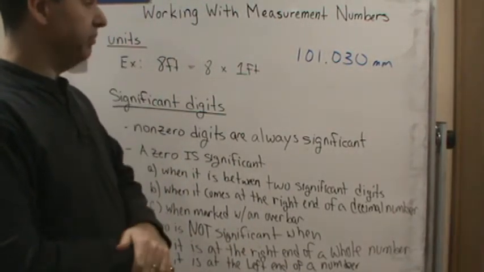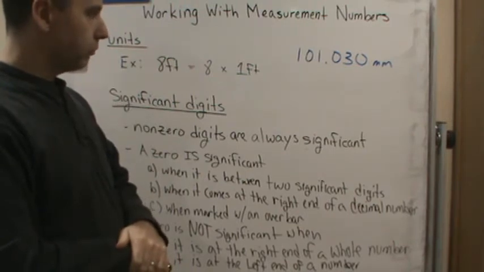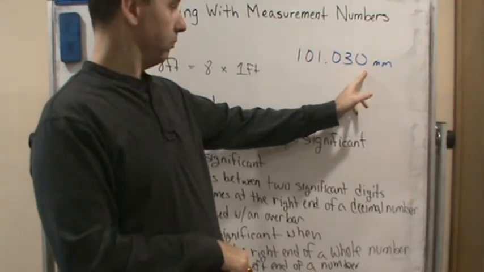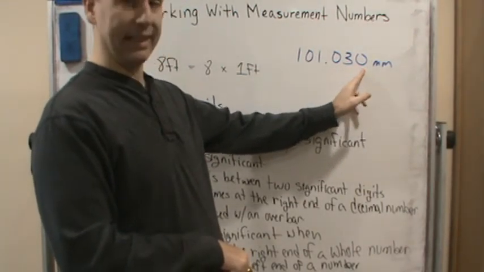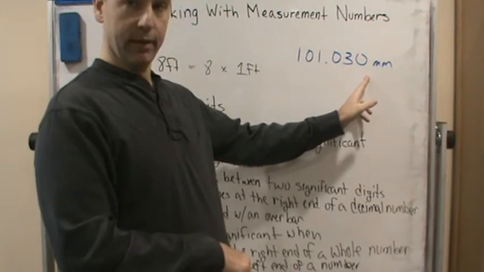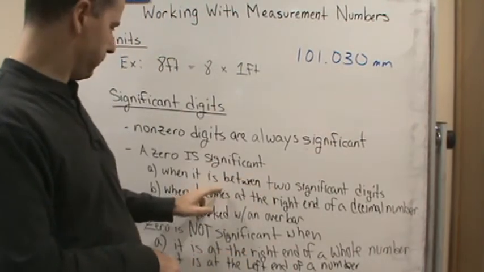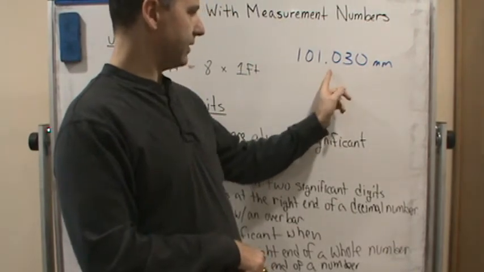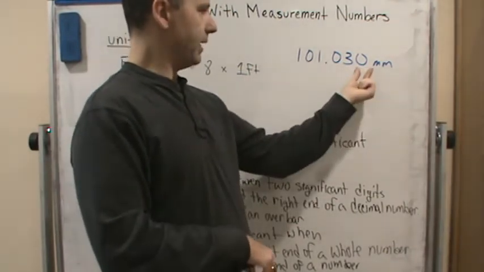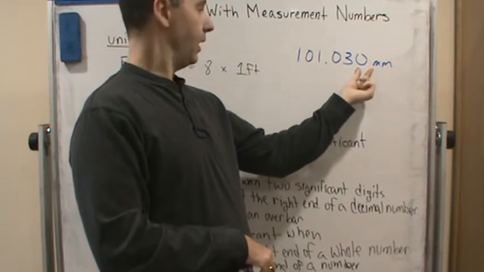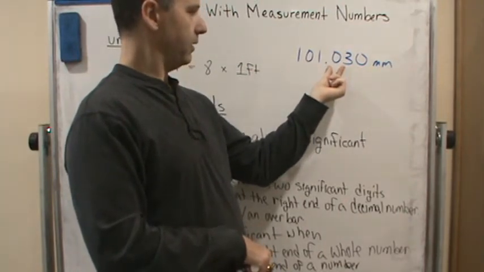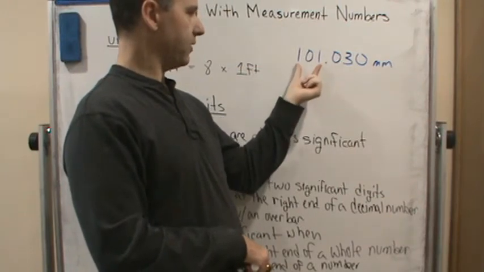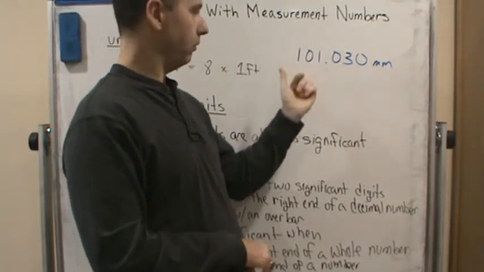So this zero would be significant because it comes at the right end of a decimal number. This is a decimal number, right? It has a decimal. So this zero is significant. This zero is significant because it's between two significant digits. And so is this one, right?